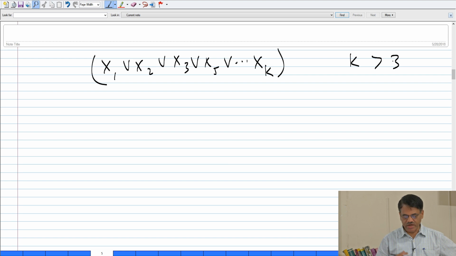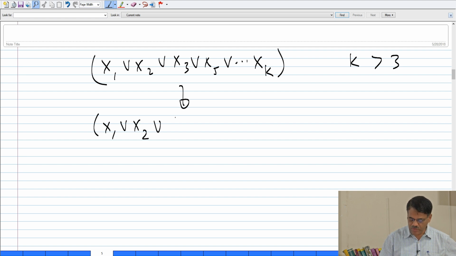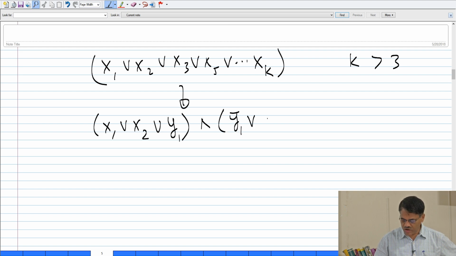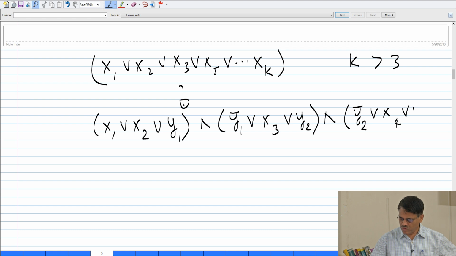Okay. So here is an attempt. The way I am going to do it for every such clause: x1 or x2 or a new variable y1, and this is all a conjunction, y1 bar or x3 or y2, and y2 bar or x4 or y3, and dot dot dot.